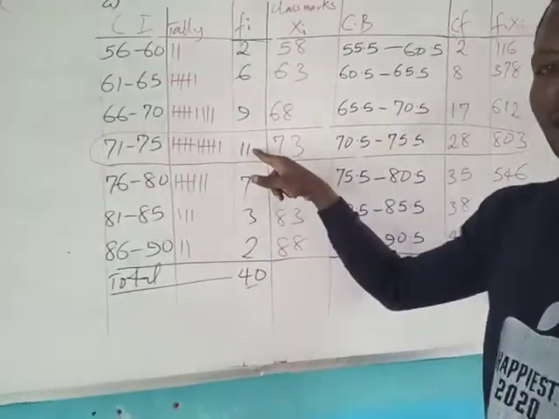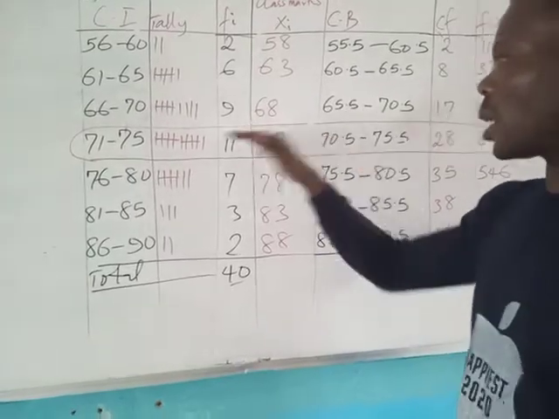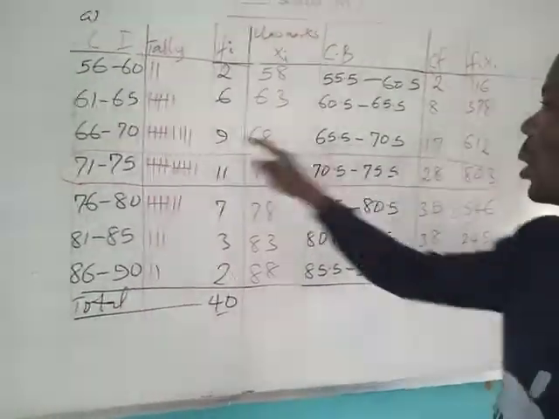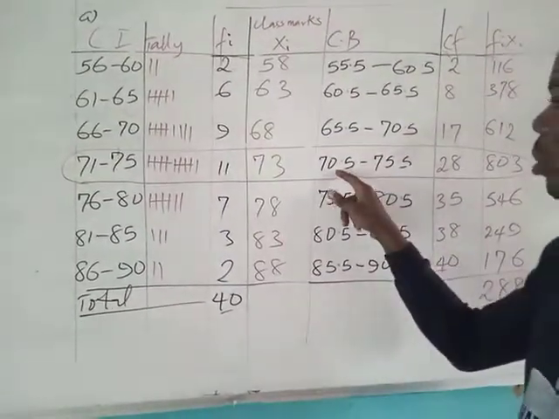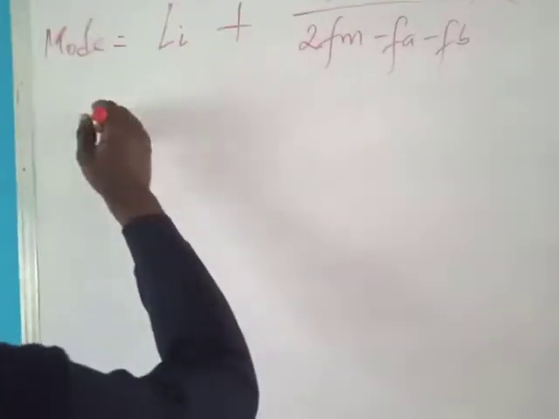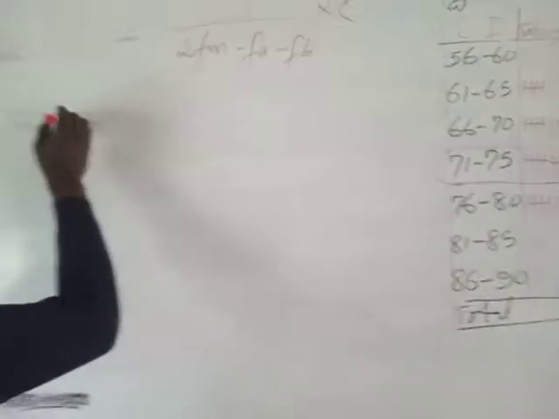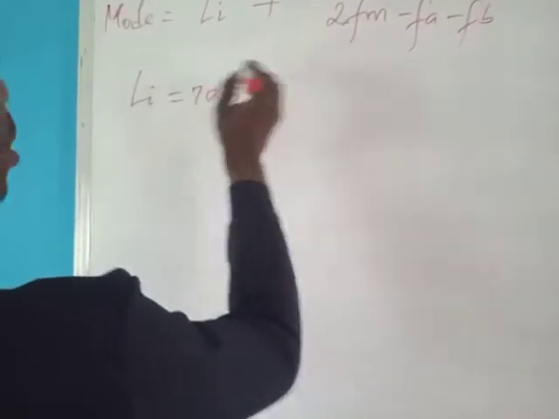So the mode and the median, I think, are in the same class. So we have 11. So we circle it again. This is the lower class boundary, that will be our Li, the lower class boundary of the modal class, which is 70.5.